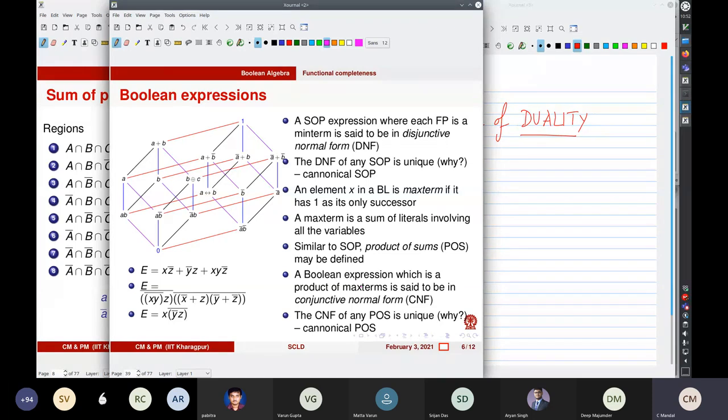It's possible to do the whole thing with the max terms and use the meet operation instead of the join operation, or very simply you can just use the principle of duality, because the lattice is a fully symmetric structure. So the principle of duality is very important. If you have one theorem, its dual is also a theorem in Boolean algebra.